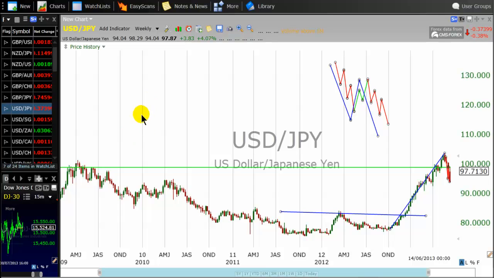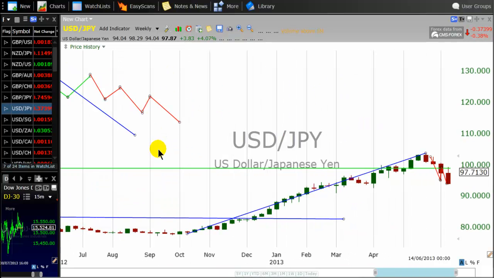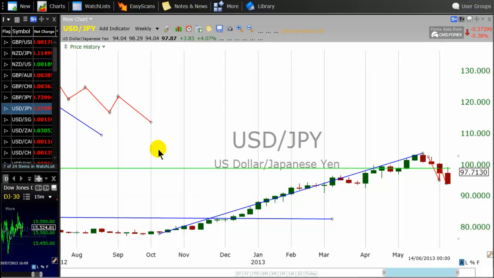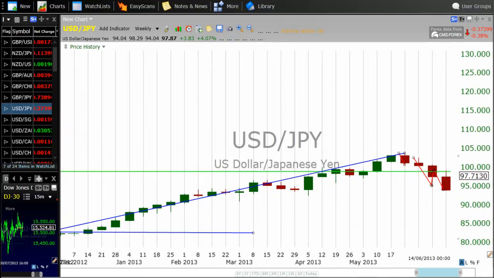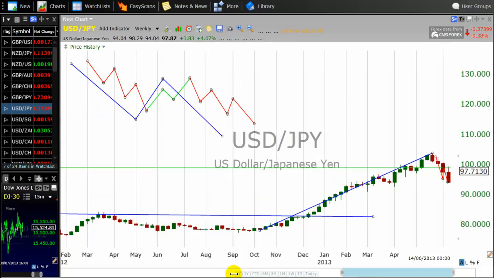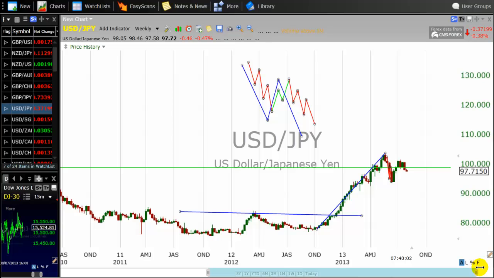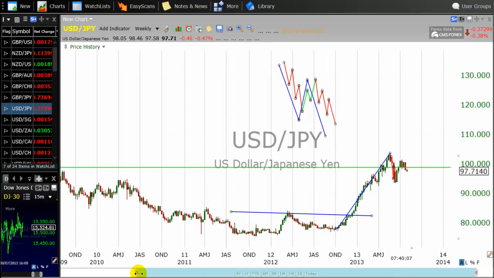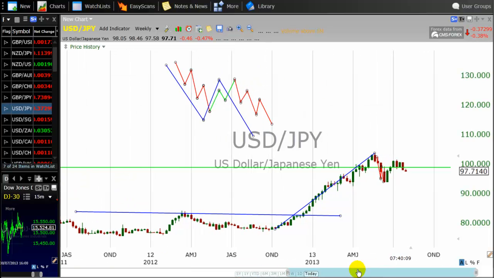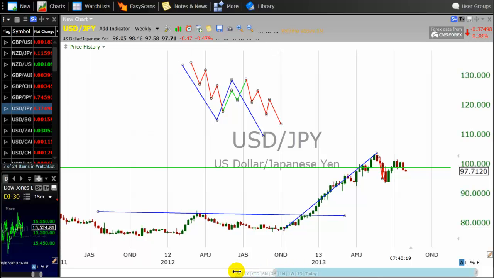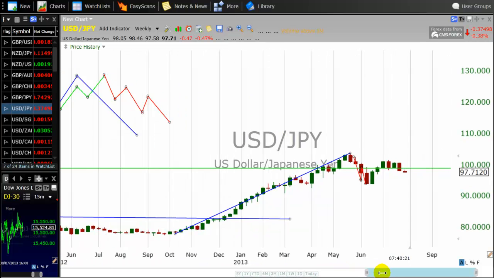To avoid the video being too long, ladies and gentlemen, there is a high chance that we may see a zigzag correction in the second wave of this crazy currency pair, the USD yen. I'm playing with the chart in here.